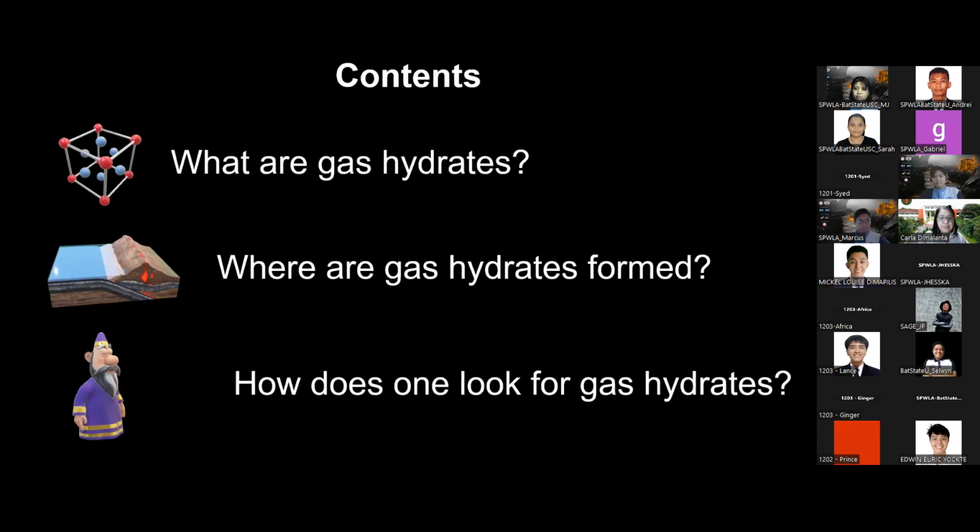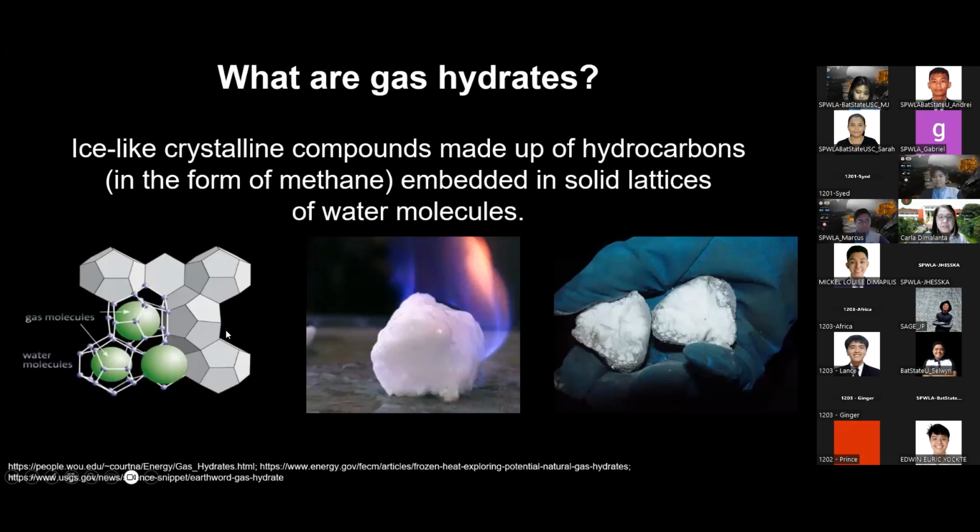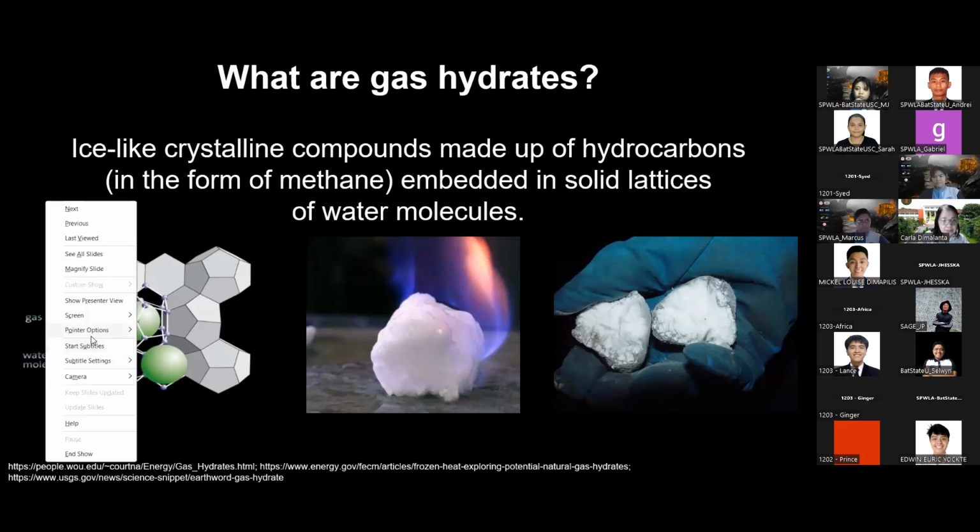Okay, so next. As you can see in this photo, what you see looks like dry ice. This is how gas hydrates are typically described. They are ice-like crystalline compounds made up of hydrocarbons, which are typically in the form of methane.